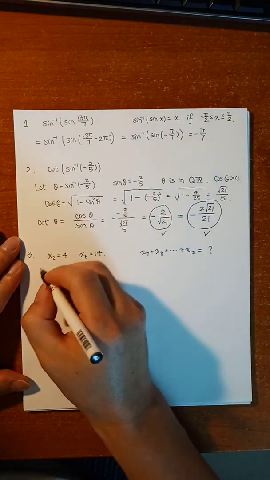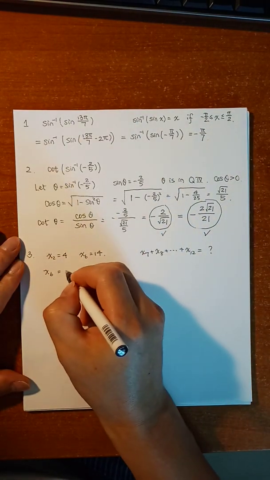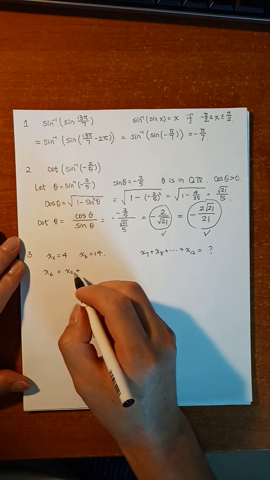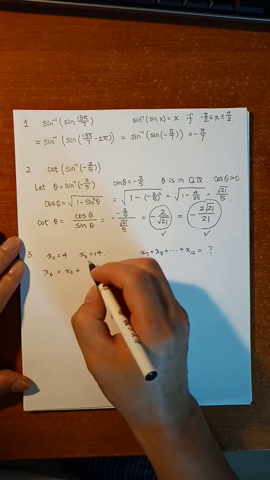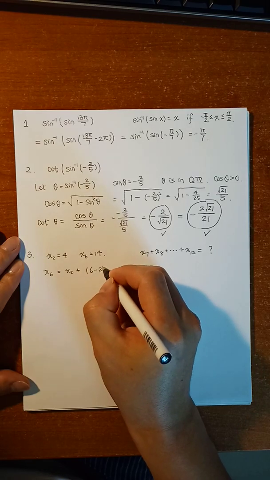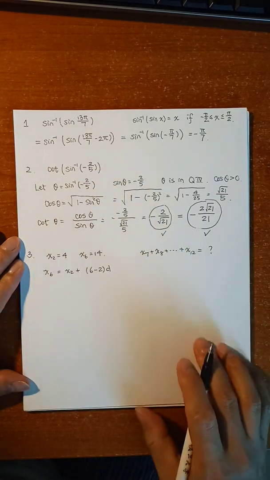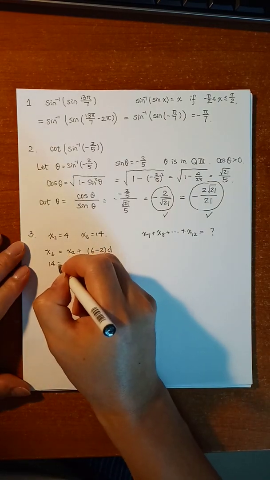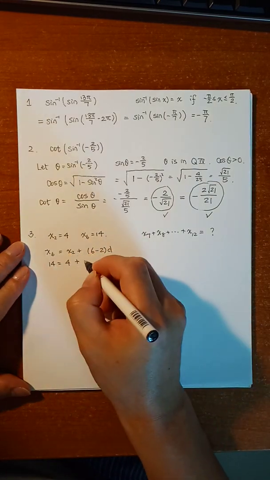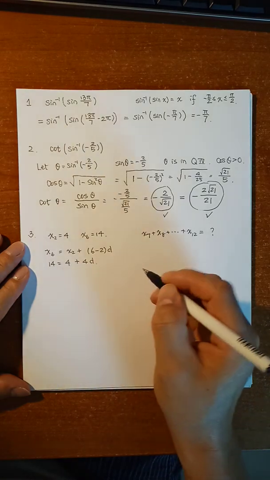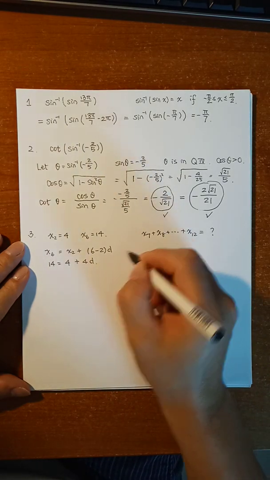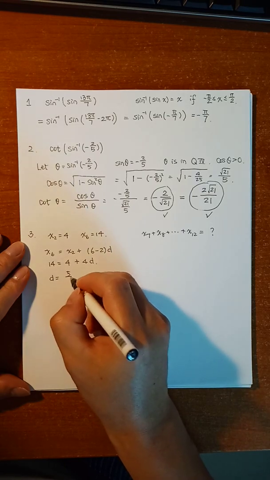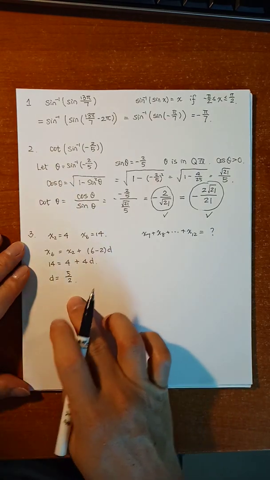Okay, so from x2 and x6, we know x6 is equal to x2 plus (6 minus 2) times d. d is the common difference. All right, so here you got 14 is equal to 4 plus 4d. So we get d is 10 over 4, which is 5 over 2.